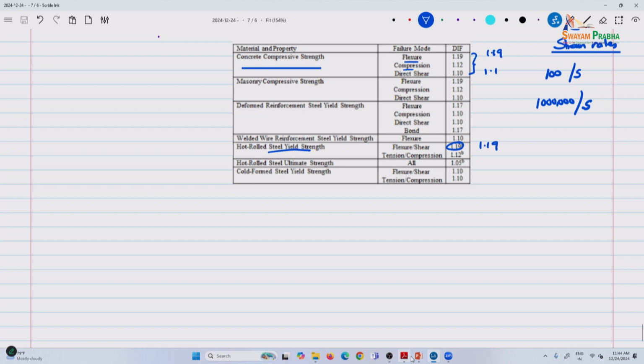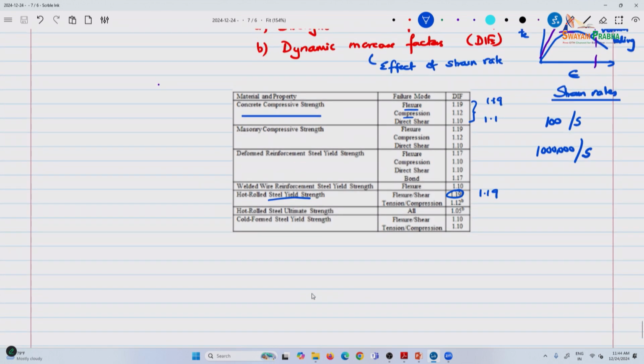The other thing to note is that concrete strengths change with time, so you have what are known as strength increase factors. These are DIFs, so this is the right one for dynamic increase factors. Let me see if I have one for the strength increase factors.